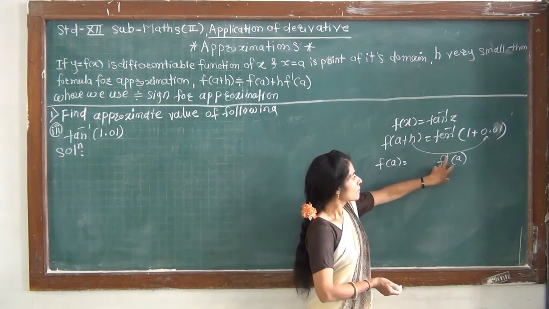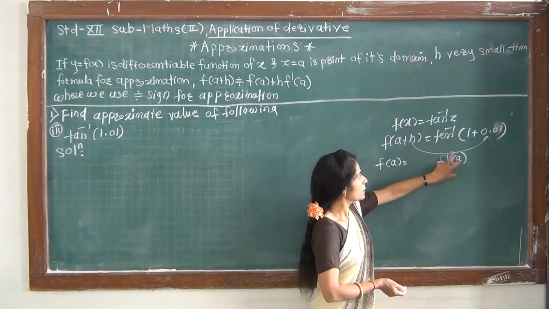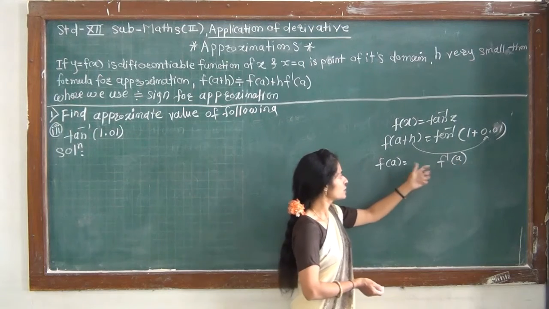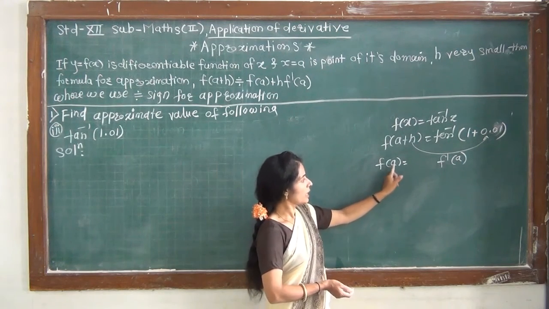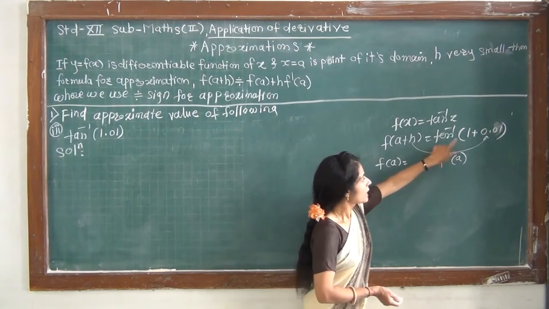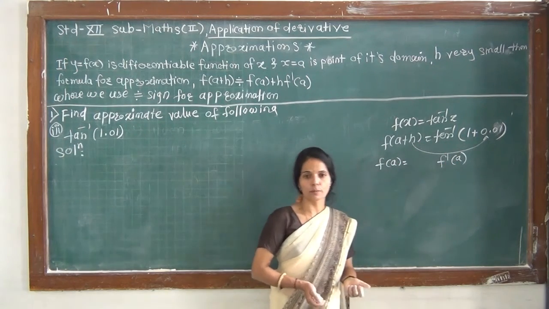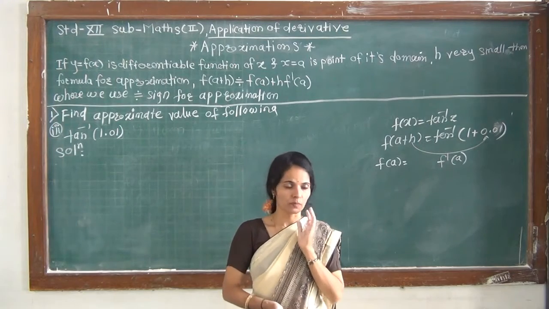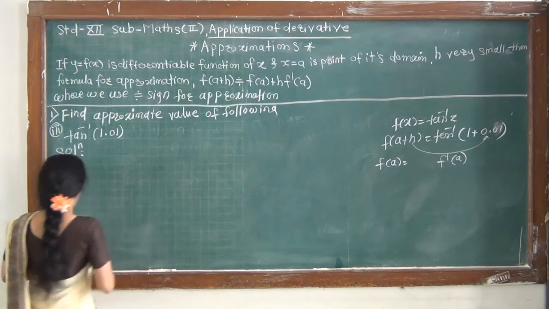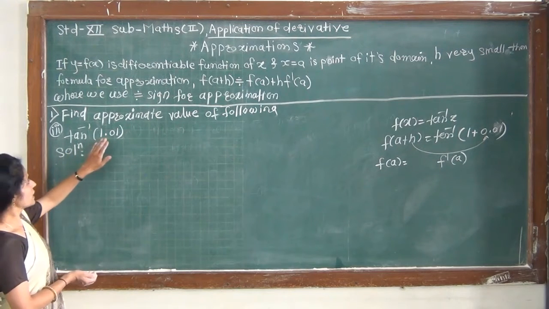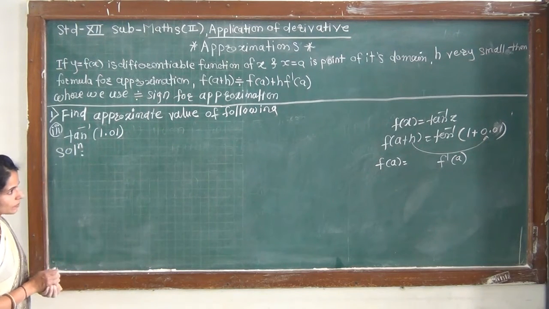So we get f dash of 1 by differentiating f of x. Then replace the values of f of a, f dash of a and h in our formula and solve. So now we briefly study the approximate value of tan inverse of 1.01.